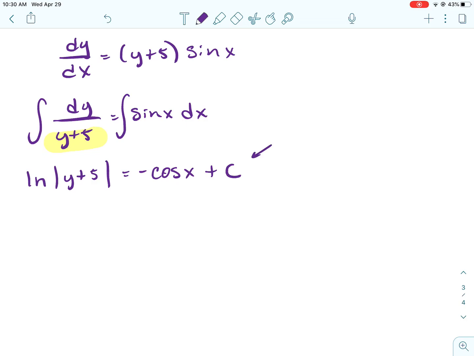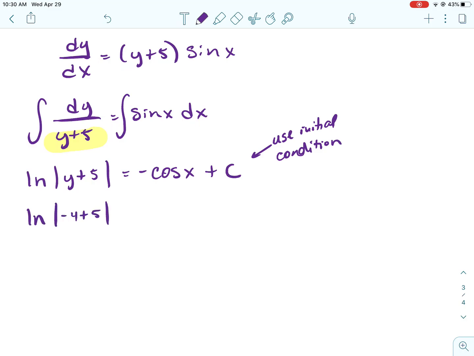Now we did a lot of these that we ended up with a natural log, and most of the time we would wait to use the initial condition. And I started this problem that way, and it was a pain, and it just didn't work out right. And so in this case, it's easier if we go ahead and use the initial condition here.